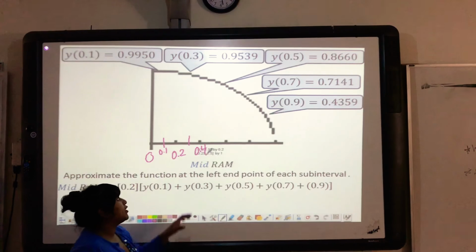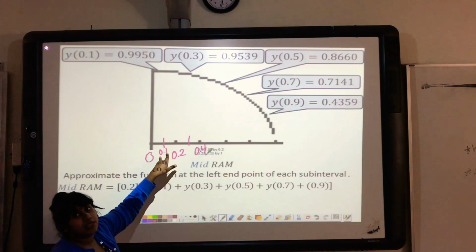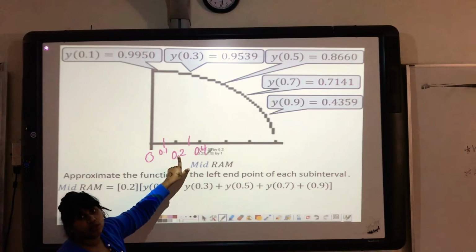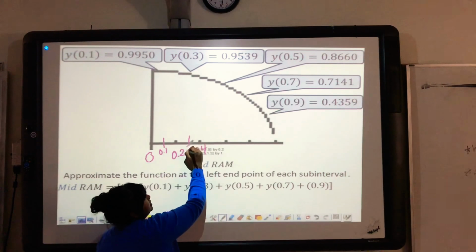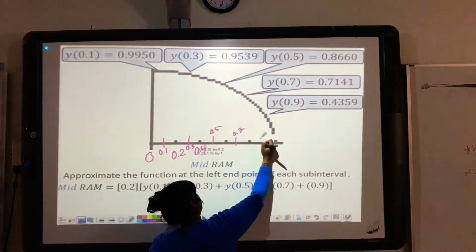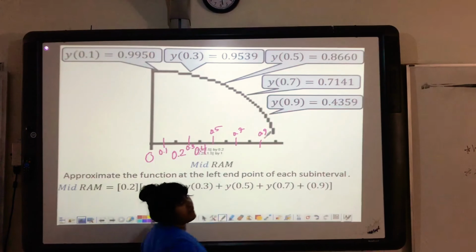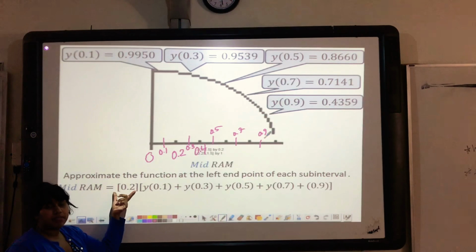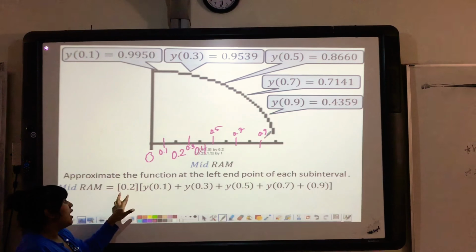Most of us can see this pattern form, but 0.1, you can either add delta x, which was 0.2 in our instance, so 0.3, or I can look what's between 0.2 and 0.4. Well, that's pretty easy, 0.3, and then 0.5, and then 0.7, and 0.9. That's where those values came from. Pretty easy, right? So here is our midpoint Riemann estimation.